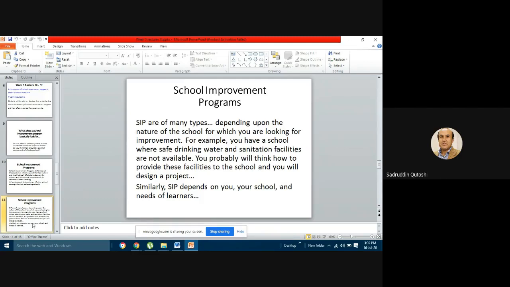If your school lacks these two important facilities, they directly or indirectly affect the life of the people living in that particular environment, specifically the young children and the teachers who are engaged with learning in their respective domains.